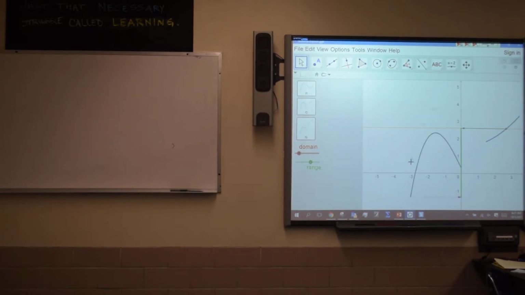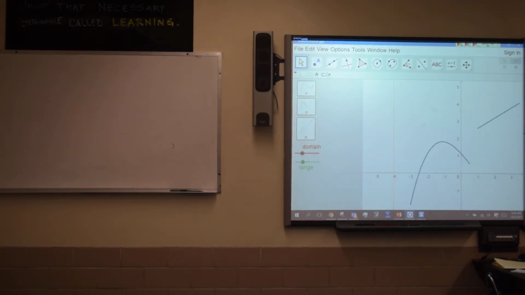Whether they came from over here or they come from over here, there's not a single y value that we're missing in between negative 1.5 to right now maybe 2.5. And I keep moving that through. It looks like it goes up to about 3.5. So every single y value from negative 1.5 to 3.5 was incorporated either from this curve or from that curve or from both, right? Okay. And that's how we want to be able to write our range values.